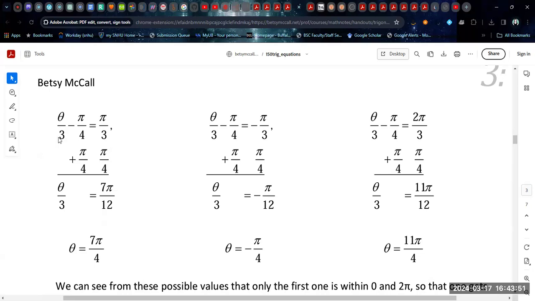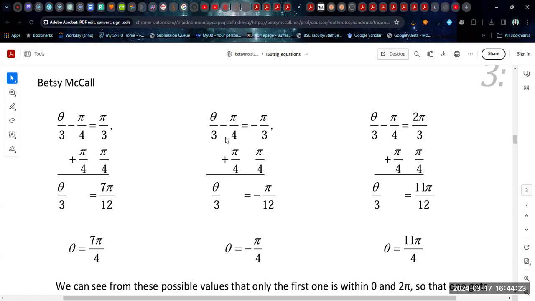If I do my calculations here, theta over 3 minus pi over 4 is pi over 3. I'm going to add the constant to both sides and get this. And then I'm going to multiply both sides by 3 and get 7 pi over 4. This is in the range of 0 to 2 pi, so I'm good.